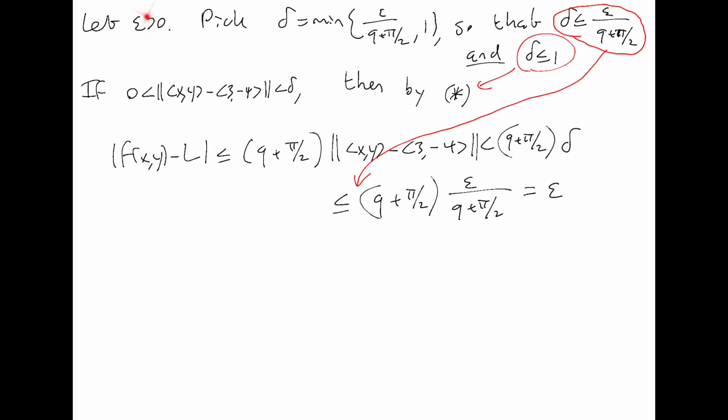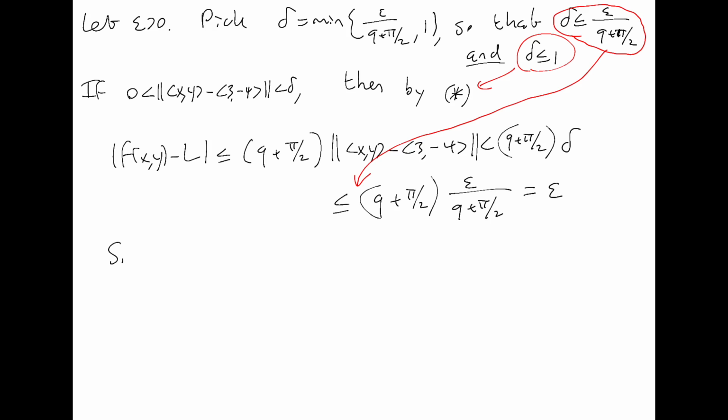So given our arbitrary epsilon, we picked our delta in such a way that if the distance between (x,y) and (3,-4) is less than delta, then the distance between f(x,y) and L is strictly less than epsilon. And that's precisely what we had to do.